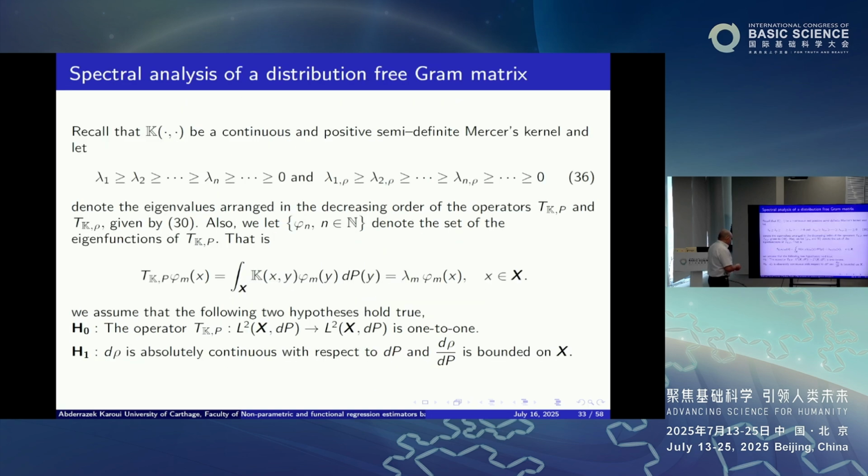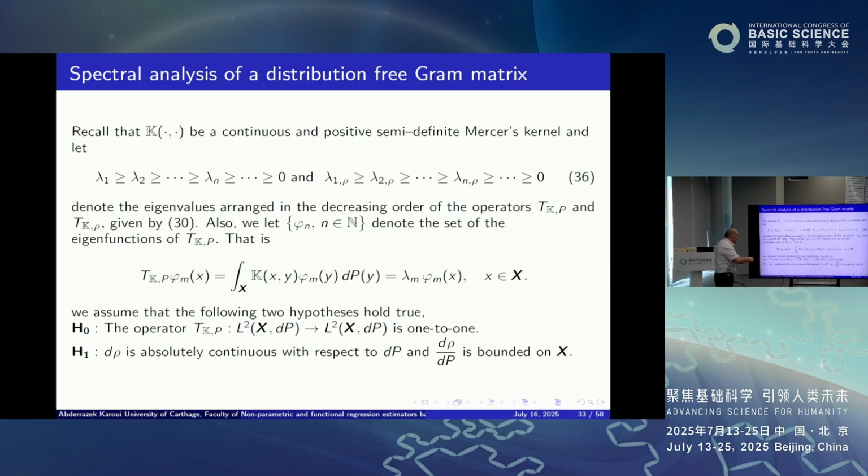And let's see how it works. So we have the eigenvalues of our integral operator associated with the usual probability measure. So we have whole information on how these eigenvalues decay, and the eigenvalues of the integral kernel operator with the unknown probability measure.